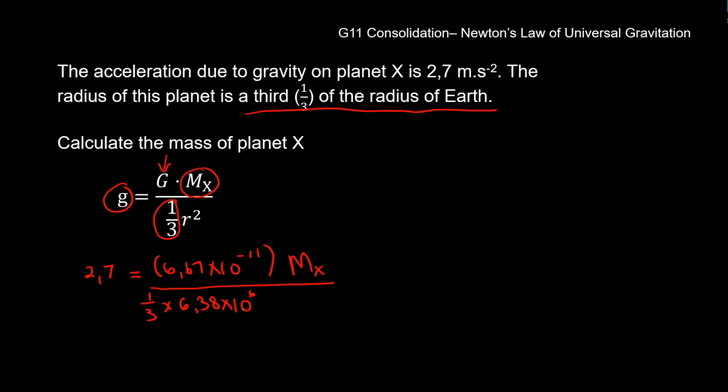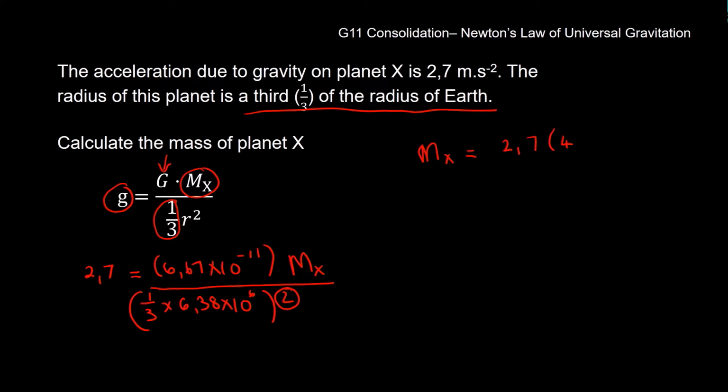So if we times the radius of the Earth by a third, we're going to get the radius of planet X. Once we've done that, we are going to square, remember that square that we often forget, that whole amount of the radius. And if we work through our calculations, we can rework this so that the mass of planet X is the subject of the formula, and we get this.